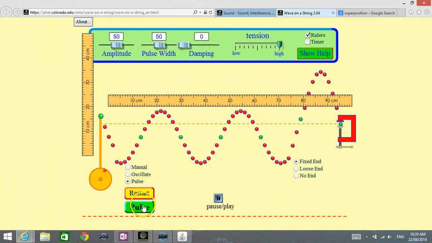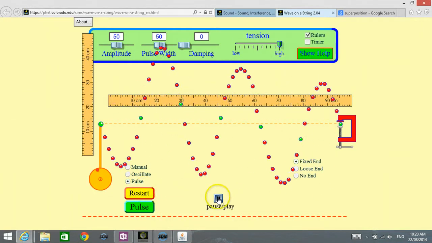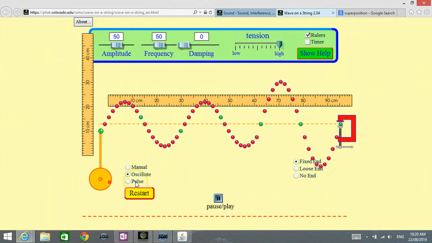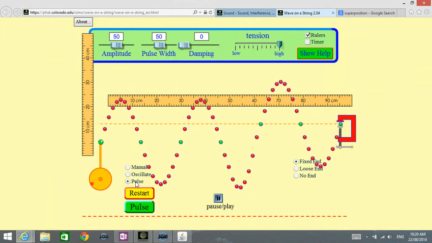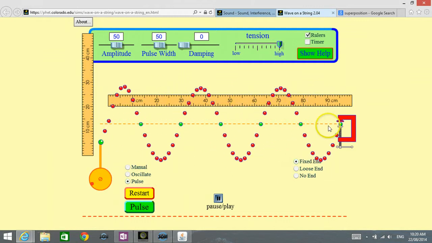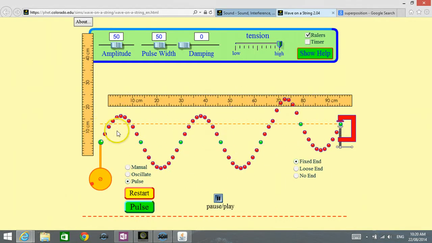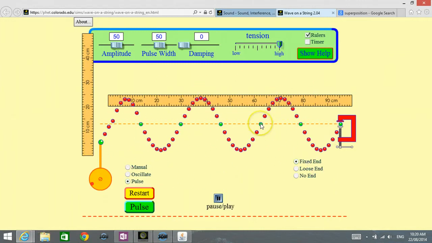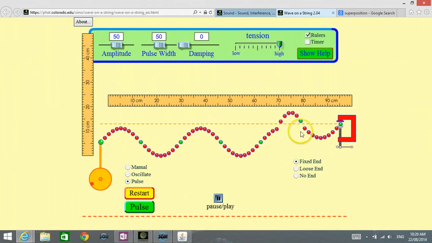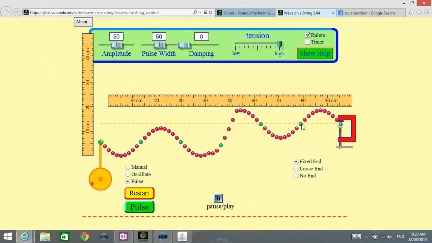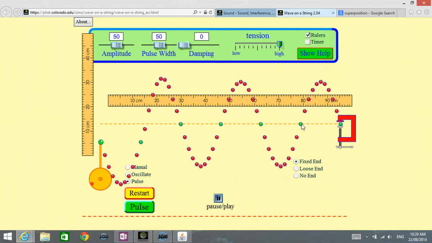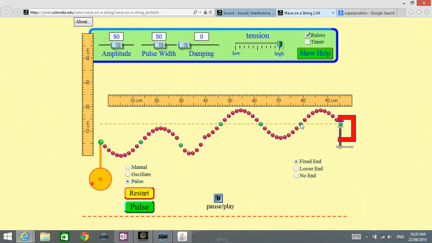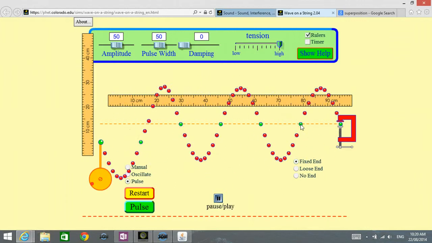You see when a wave like this comes through and reflects back, all those points there ideally shouldn't move up and down. Those green points are the points where destructive interference occurs.